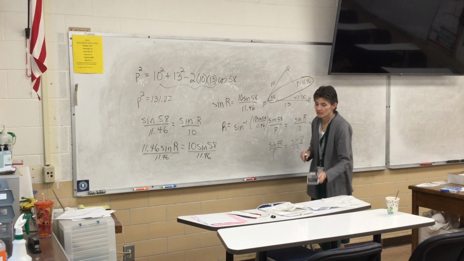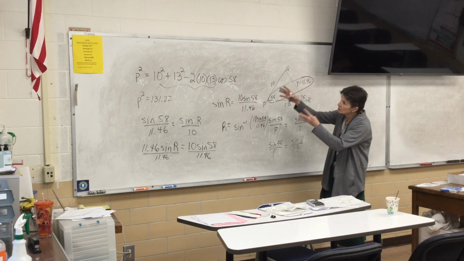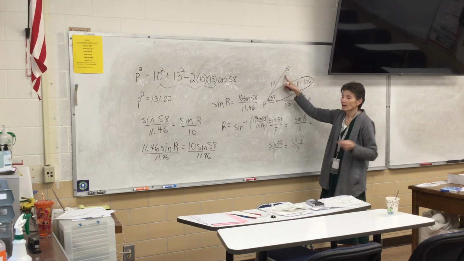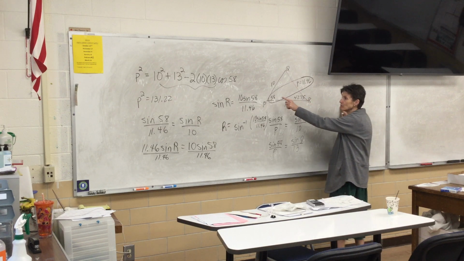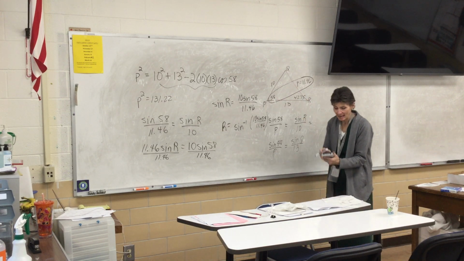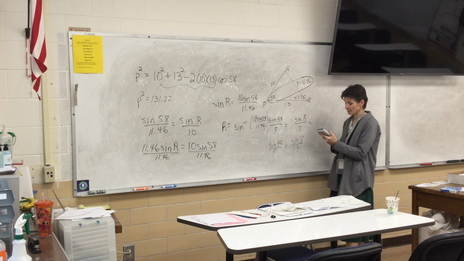And I know what you're thinking, oh my gosh, Mrs. Ward, this problem is huge. I had to do the law of cosines, now I'm doing the law of sines, and I'm not done yet. I still have to find angle Q. But it's easy, because now you know two of the angles. And once you know two of the angles, can't you find the last one by just adding them up and subtracting from 180?